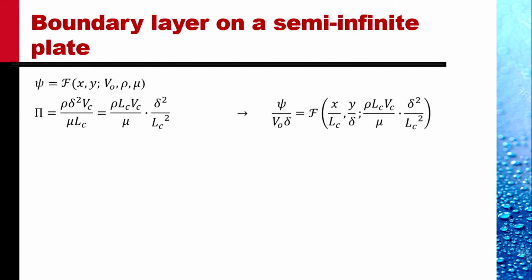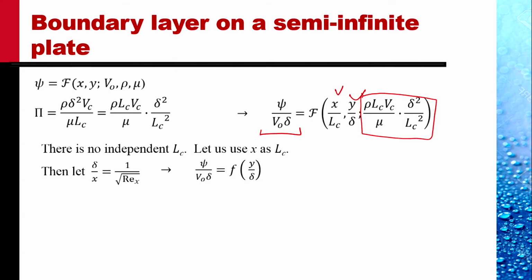The normalized stream function is psi divided by V naught delta. Since u is like del psi by del y, so u is like psi by delta. So psi by V naught delta is a function of x by Lc, y over delta, and this parameter, which is nothing but Reynolds number times delta square by Lc square.